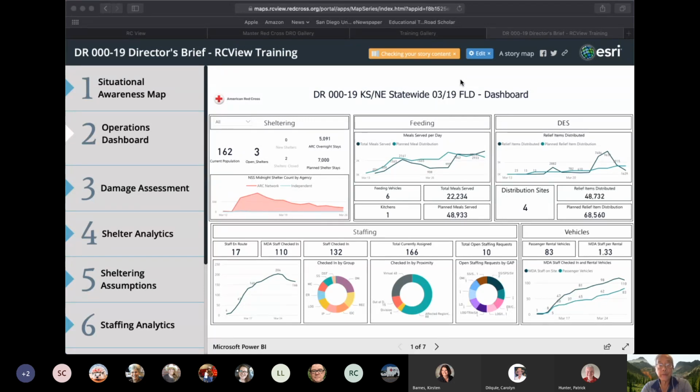The 5266 information, of course, has sheltering populations. It has numbers of meals served and the number of cleanup kits delivered. That is brought in every night as reported in the 5266.